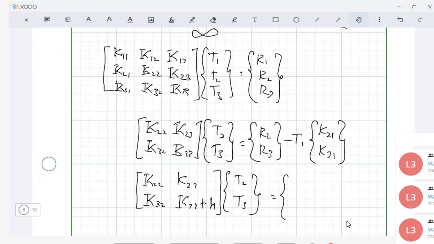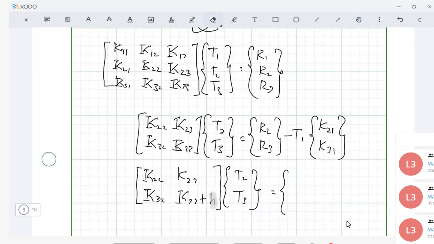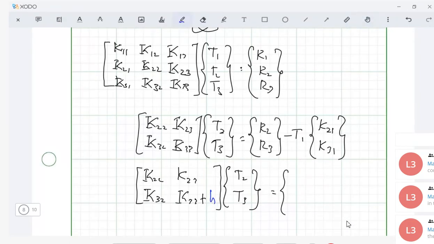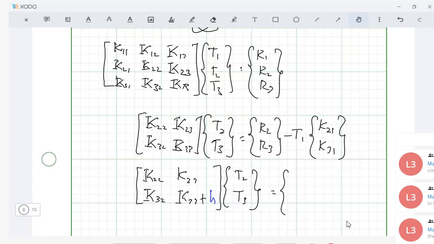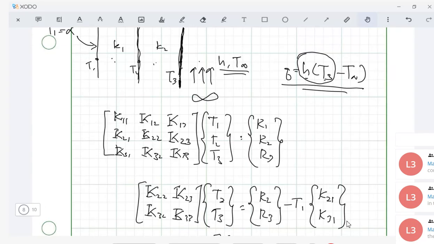So this is our H, and then what we have here is R2, R3 minus T1 K21, K31, and we also need to have HT3.